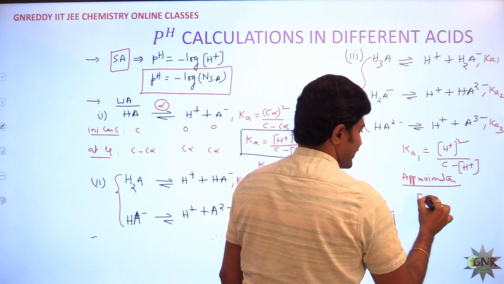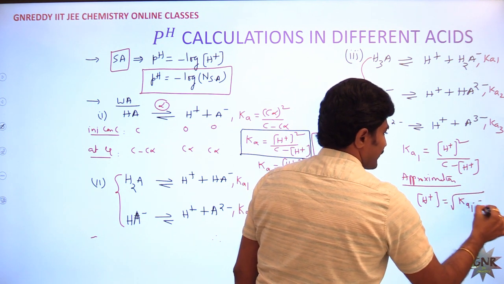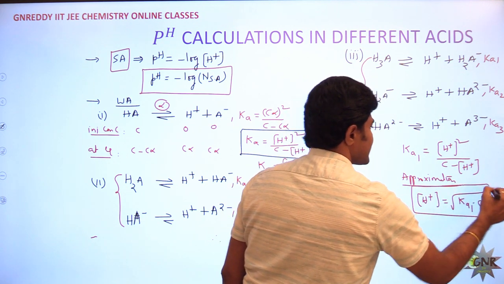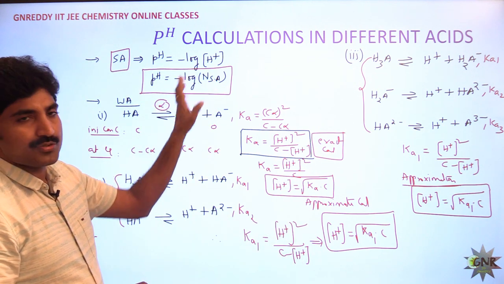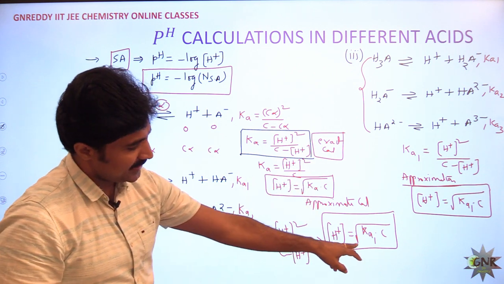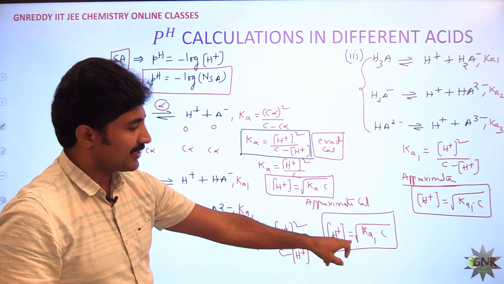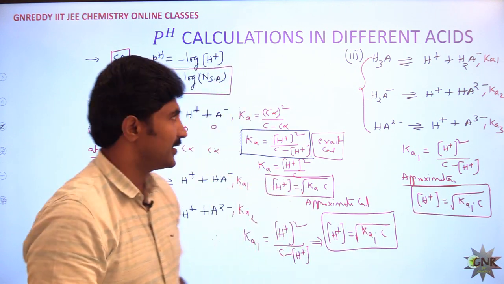Therefore, we can write H plus is equal to root over Ka1C. From this only we can calculate the corresponding pH. So this is the pH of the strong acids, from this we get the pH of the weak monoprotic acid, from this the pH of the weak diprotic acid, and from this the pH of the weak triprotic acid.